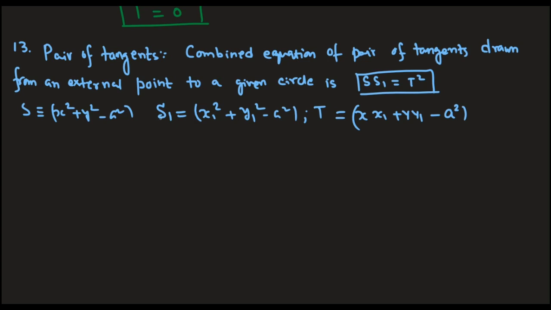This point P has the coordinate x1 y1. So S1 is equal to x1 square plus y1 square minus a square, and T is equal to x x1 plus y y1 minus a square.